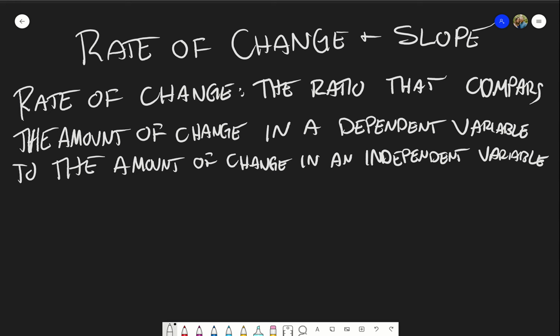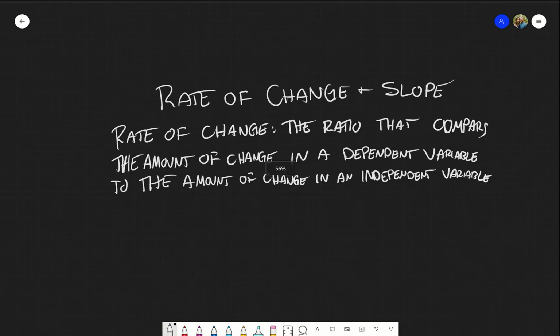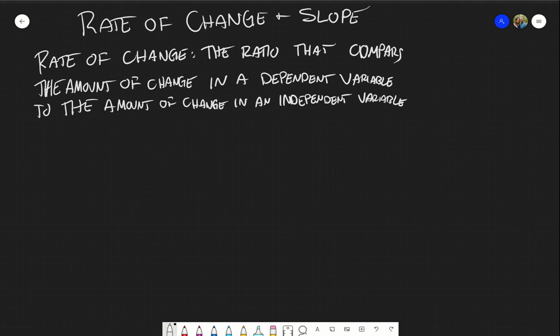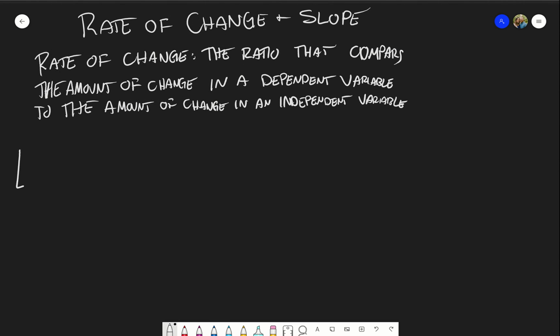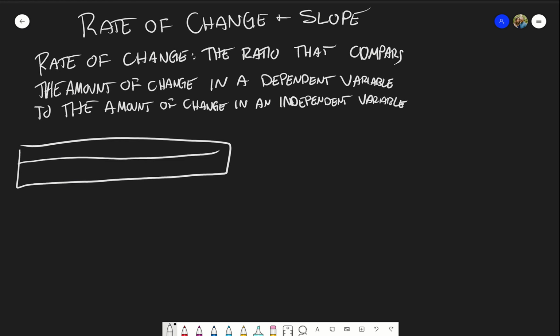So if I were to say, all right, I have a table here, and on this table I have days and money. This is days of the jogathon and how much money we made. So 1 day, 2 day, 3 day, 4 day, 5 day, 6 day.